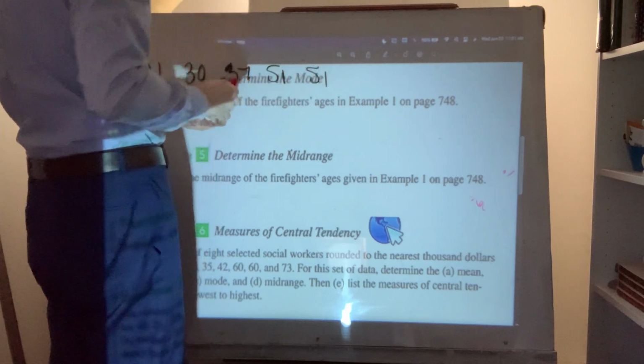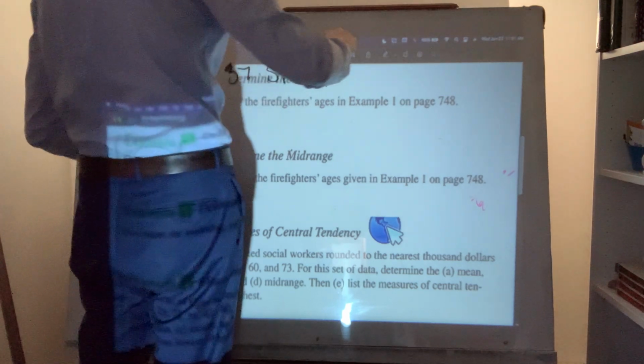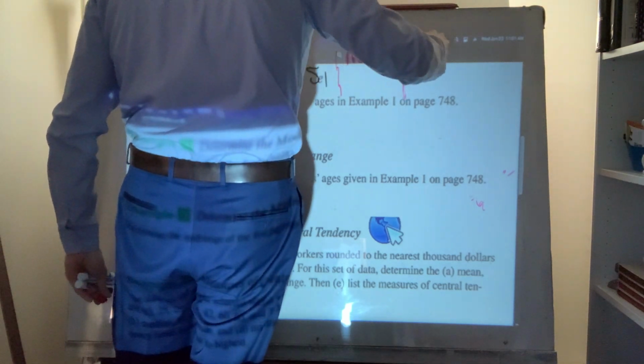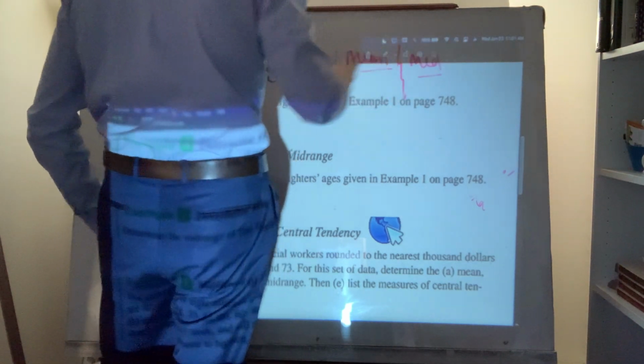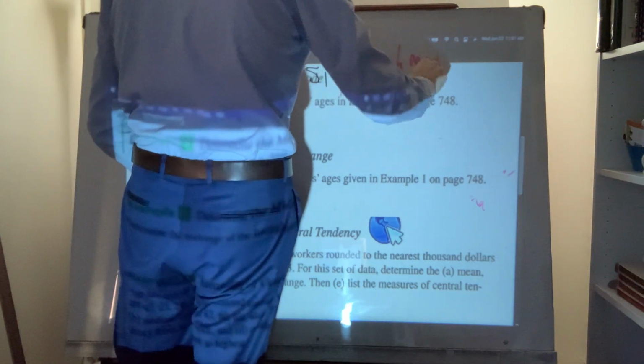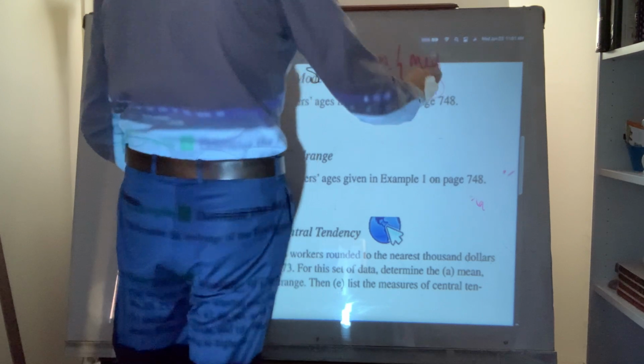And what we did calculate was both the mean and the median of these values. The mean was 38, and the median was 37 from earlier.